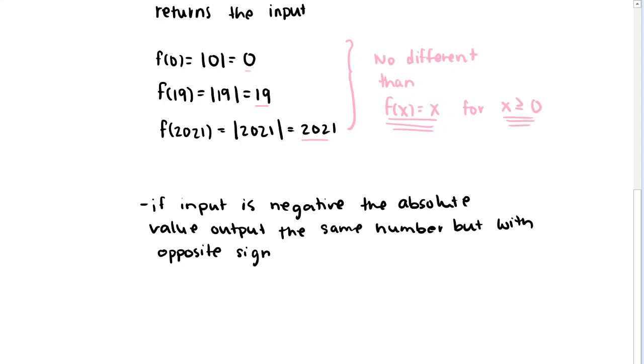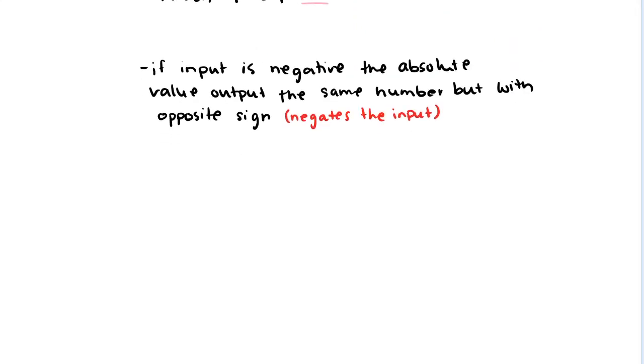In other words, it negates the input. For example, if I take our absolute value function above, f of x is equal to the absolute value of x, and I input -1 and take the absolute value of -1, this is positive 1. The number's distance away from 0 on the number line is 1 unit.